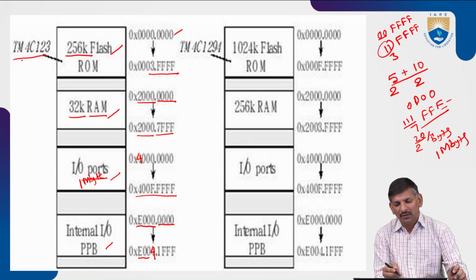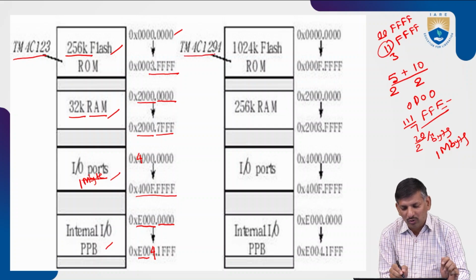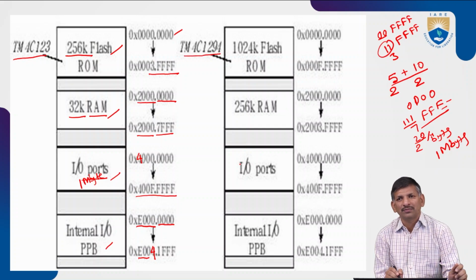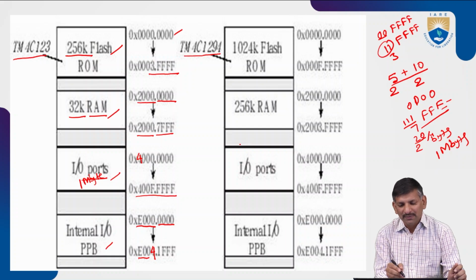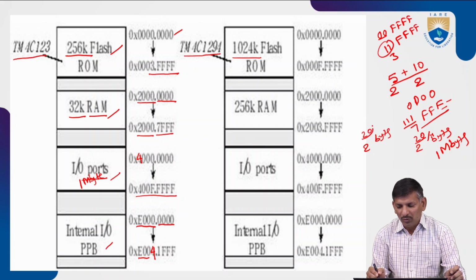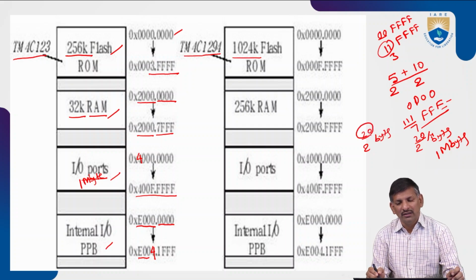We are taking one more example, the TM4C1294 series microcontroller. In this microcontroller, we are assigning 1 megabyte of flash memory. So 1 megabyte means 2 power 20 bytes. Here 2 power 20 indicates 20 bits required to store that address.